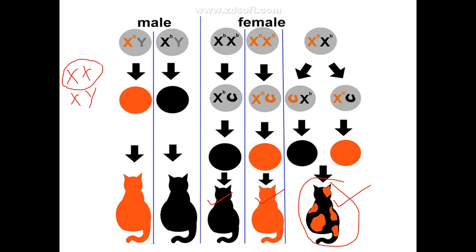So wherever in my body this color is being expressed, for example black, wherever that X is present, the fur color will become black.